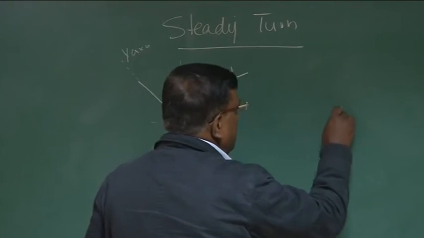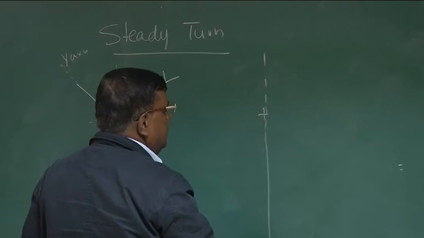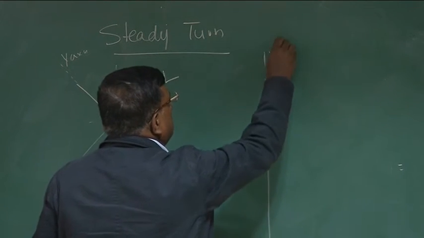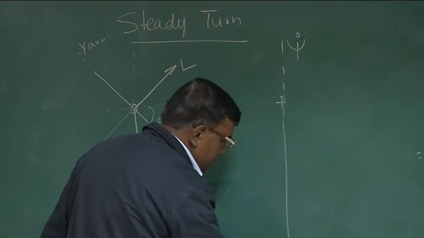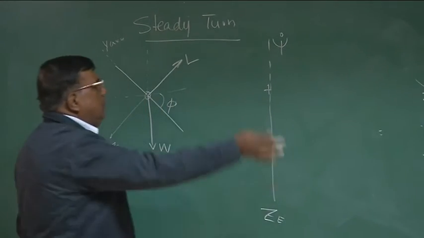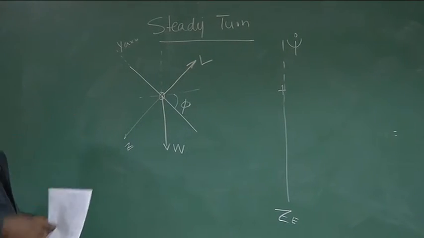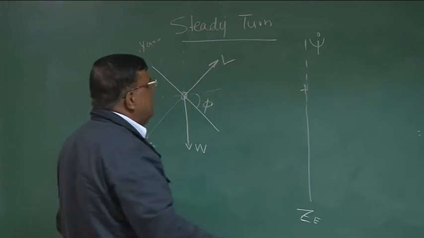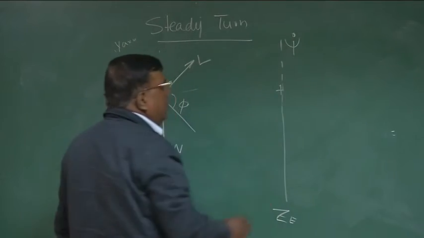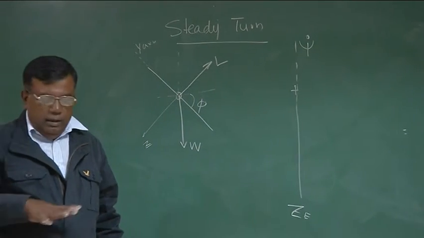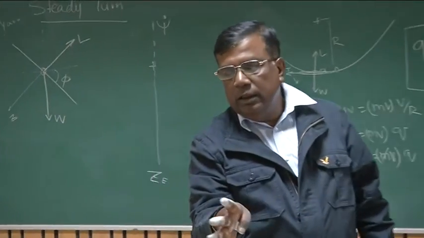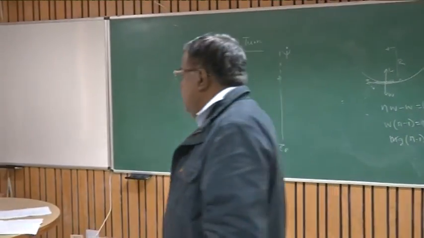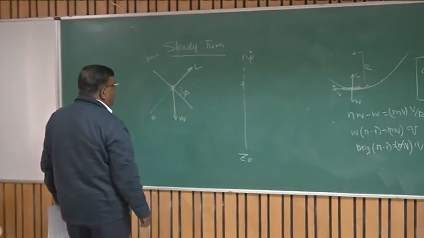It is taking a turn with psi dot about a fixed vertical earth z-axis, and that notation is psi dot, the turn rate. So it is banking like this and turning like this. Okay? So this is the definition of psi dot.